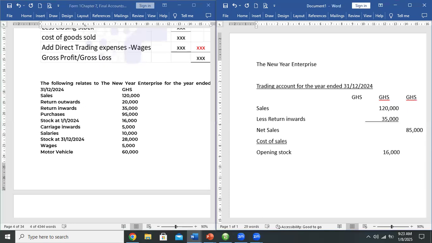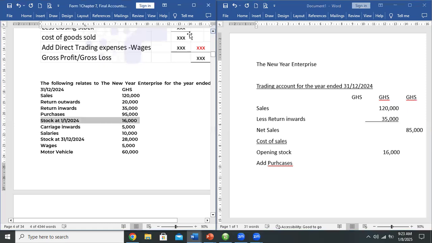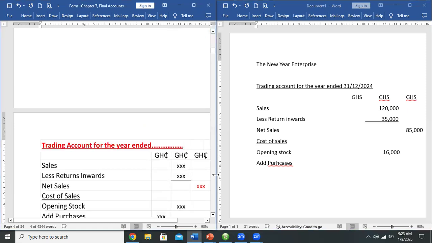Then per the format, what do we add? We add purchases. Okay, we add purchases as you see here. Add purchases. So we go to the question and we fish out the purchases.